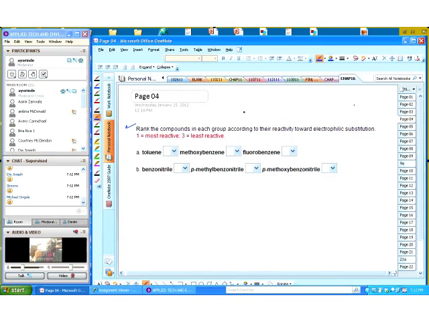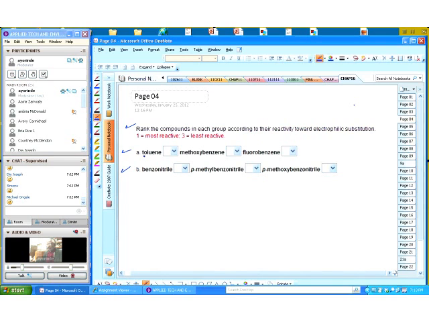Okay, great. So what they want us to do here is to rank the compounds in group A and group B according to their reactivity toward electrophilic substitution reaction.